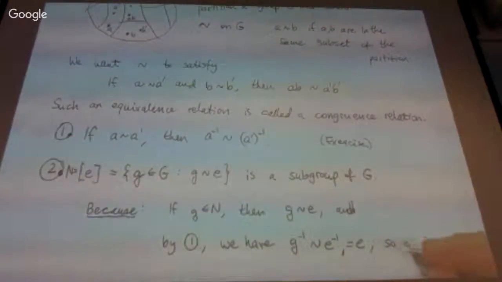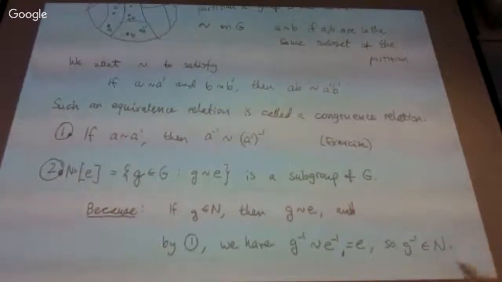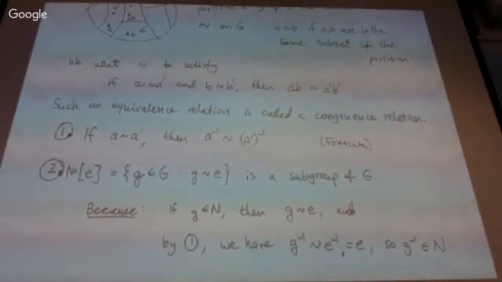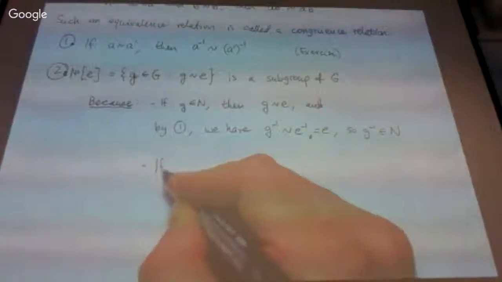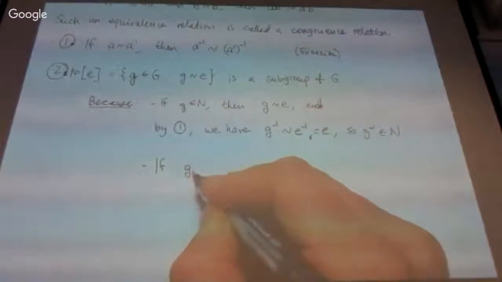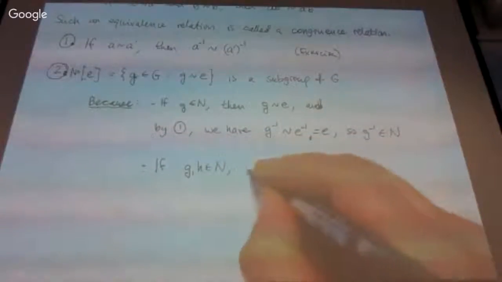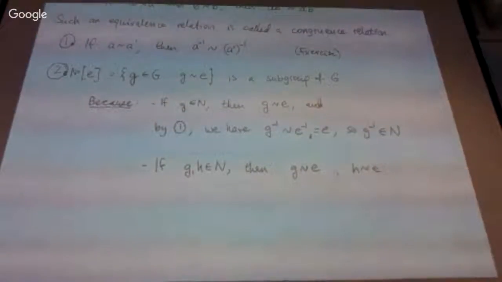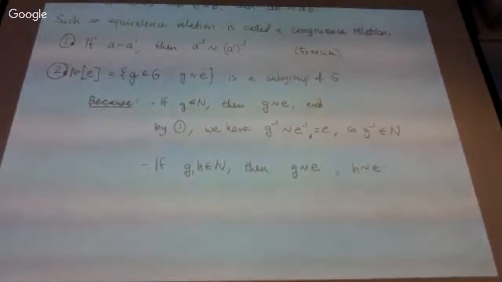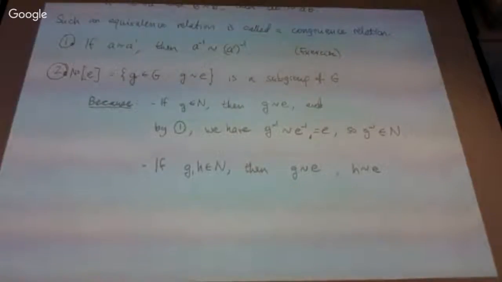So inverses of elements are in the set. And if you have two different g and h in this set, then they're both congruent to the identity by definition.